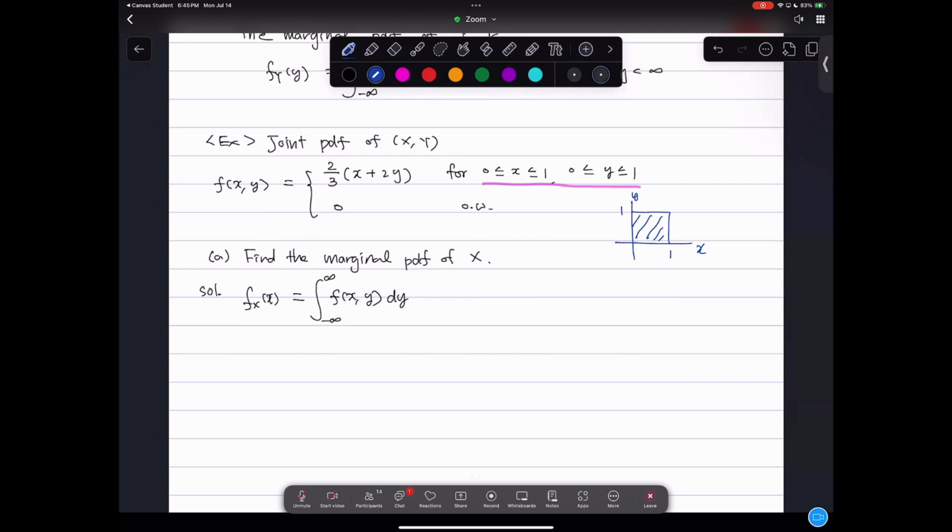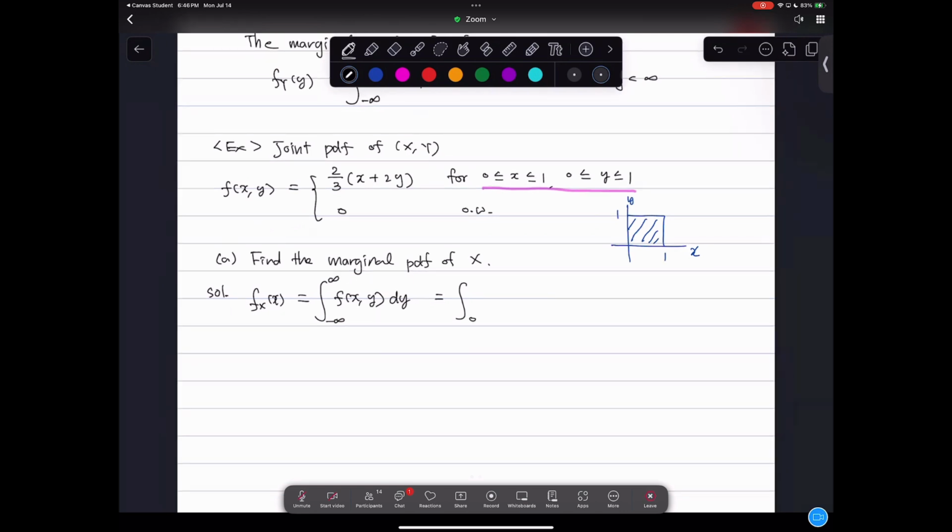So I have to integrate this joint PDF, but I don't have to go from negative to positive infinity. For dy, it's only from 0 to 1. Your joint, which is 2/3 times x plus 2y, dy.